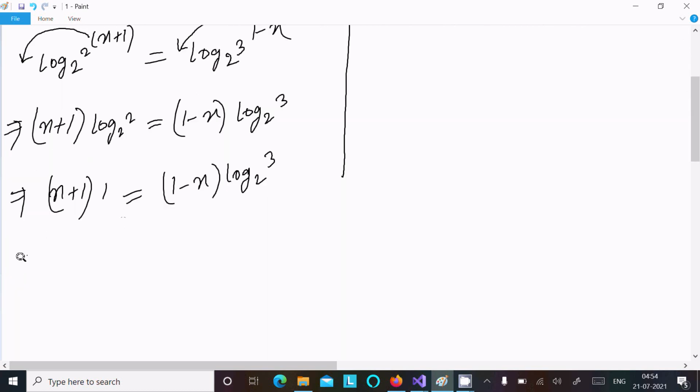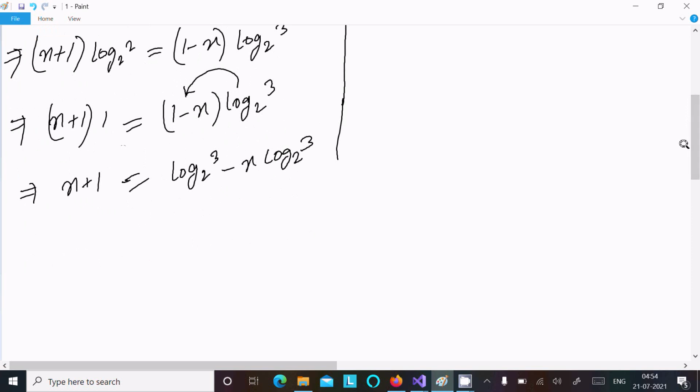After that, you can write x plus 1 and multiply this with everything, so you get log base 2 of 3 minus x log base 2 of 3.